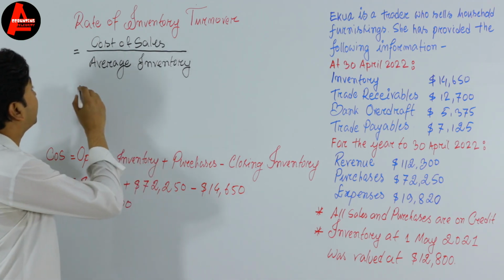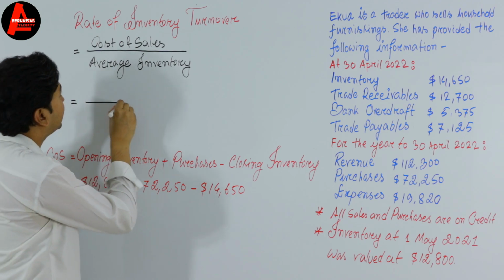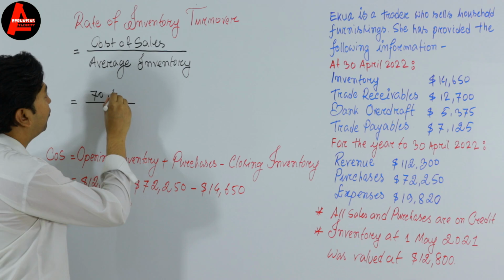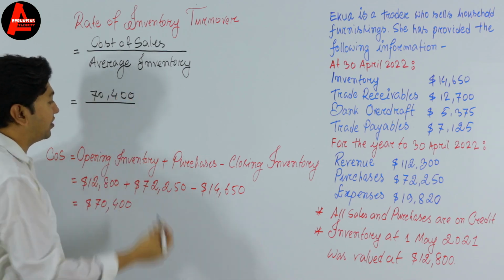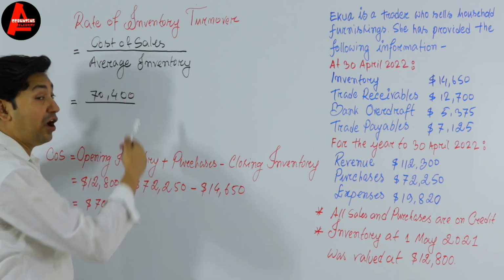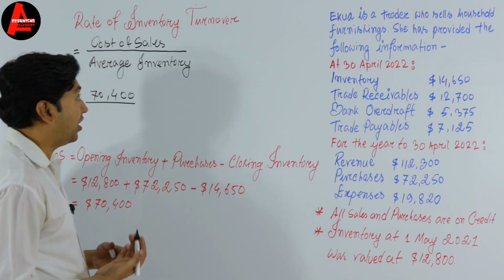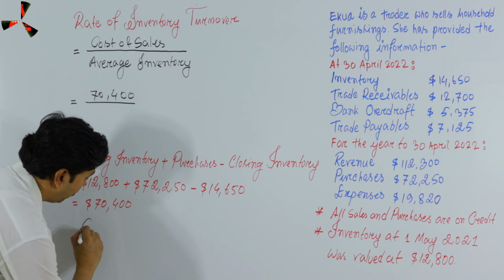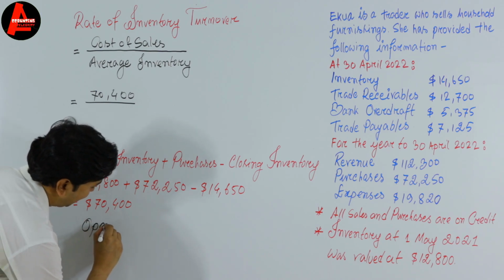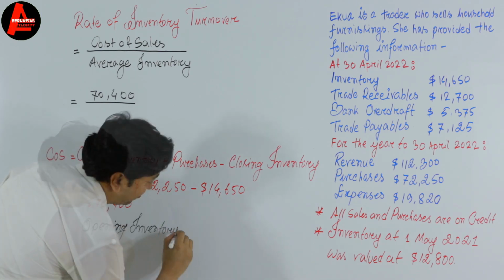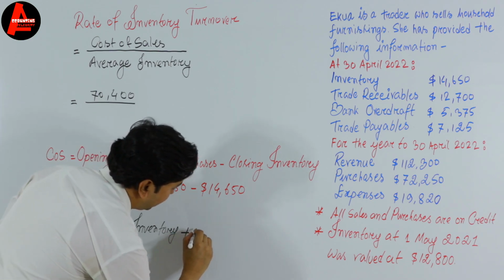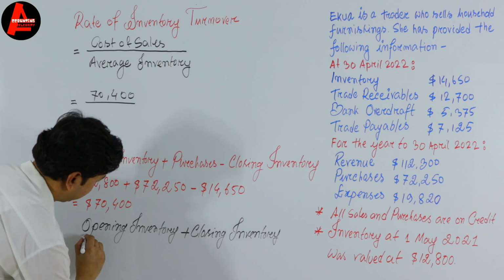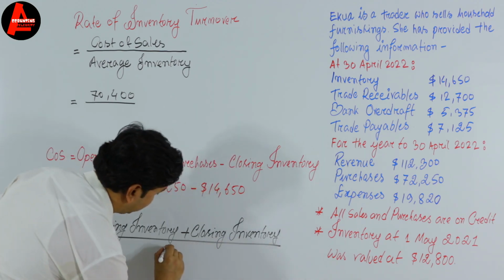Okay, so let us write here cost of sales. It is $70,400. Okay, now we need average inventory. I already told you average inventory equals opening inventory plus closing inventory, and we will divide this by 2.